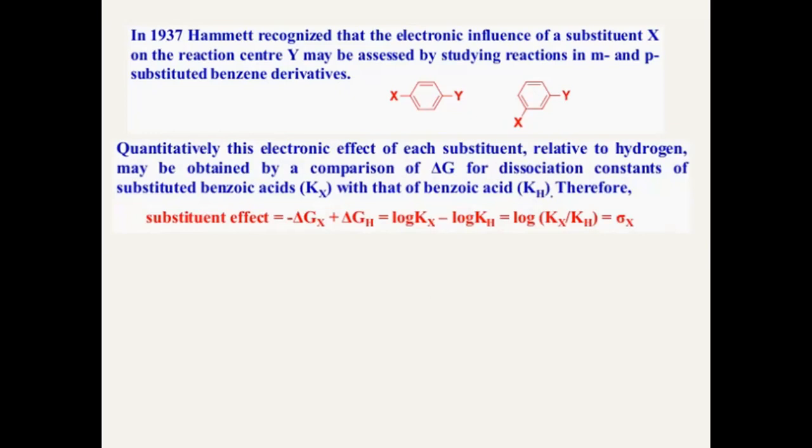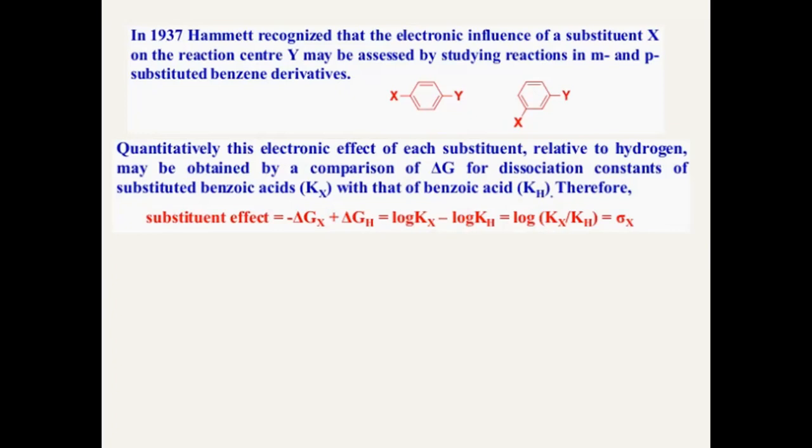But it has shown the relationship with hydrogen. Hydrogen is considered as the main or parent compound, and by using hydrogen in the meta and para positions, the reactivity of different groups is also discussed. Okay.